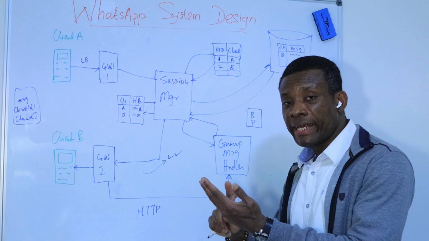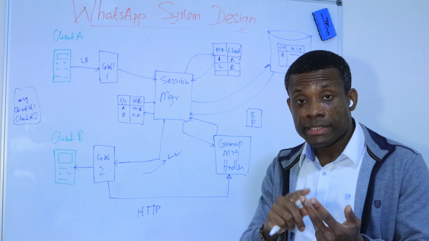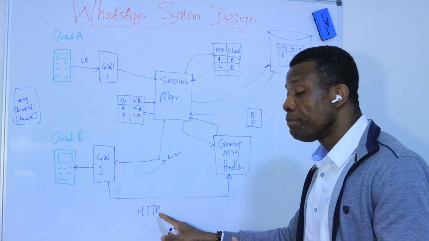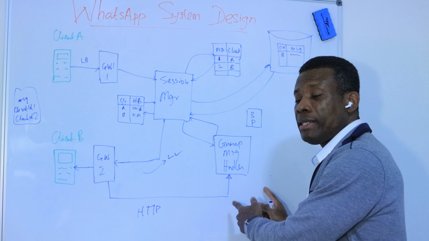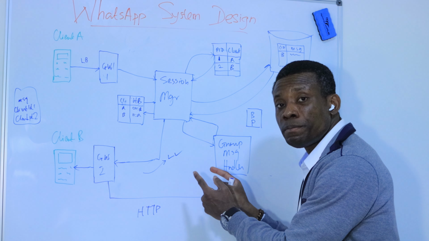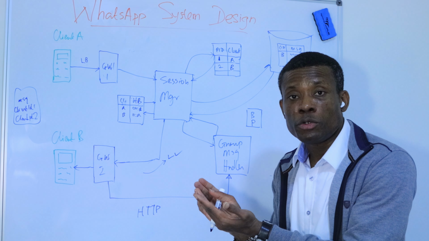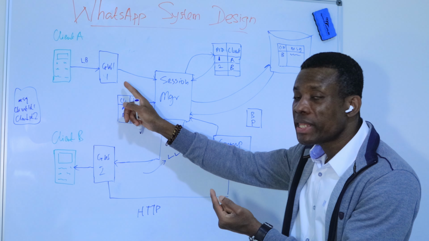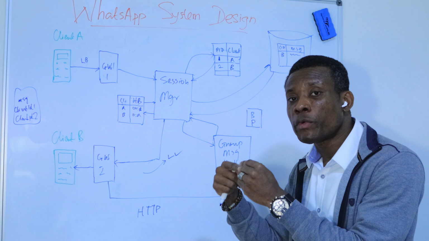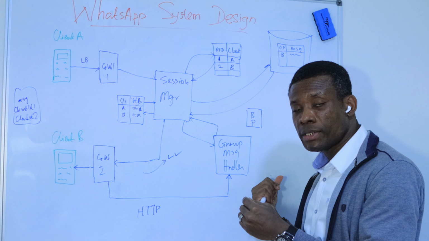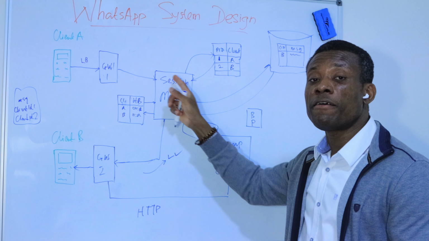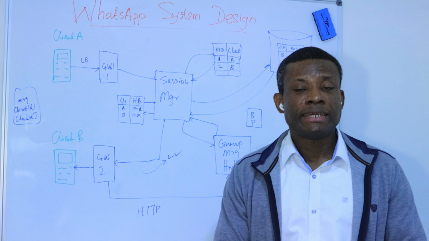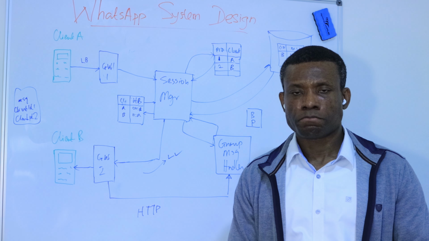And it contains the client that sent it, the client that is receiving it, and once the media handler places it in the blob, it's going to update this message payload with the URL of this message. And then what goes to client 1, the recipient, is the URL of this message in the blob storage. And client 1 can now fetch it from the blob storage. So this is basically how we handle media.